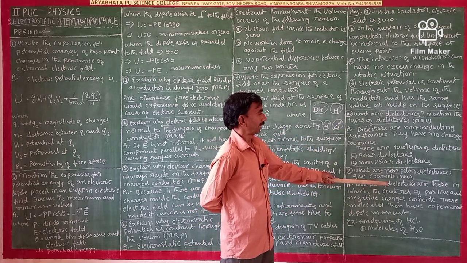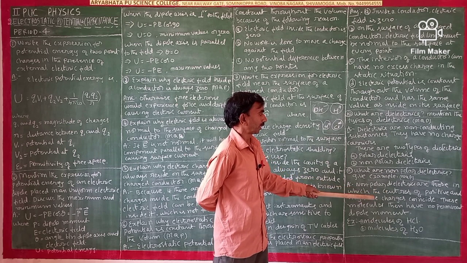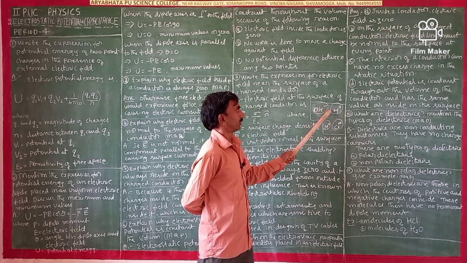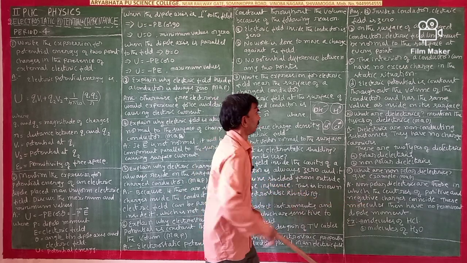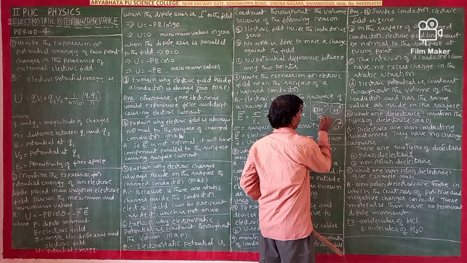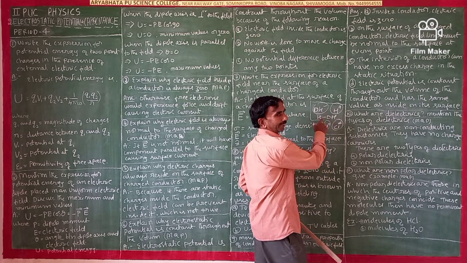So non-polar dielectrics are those in which the centers of positive and negative charges coincide. Here, OH and H plus coincide, and become H2O. The centers of positive and negative charges coincide here.